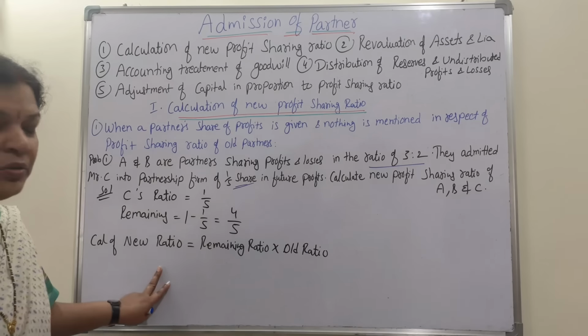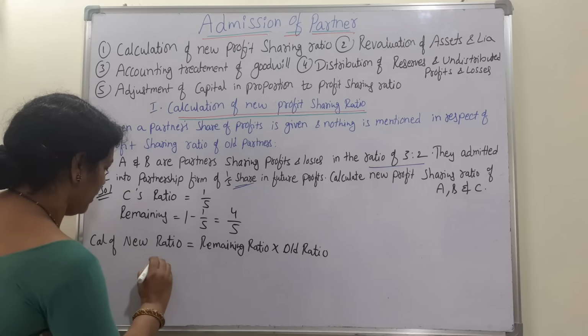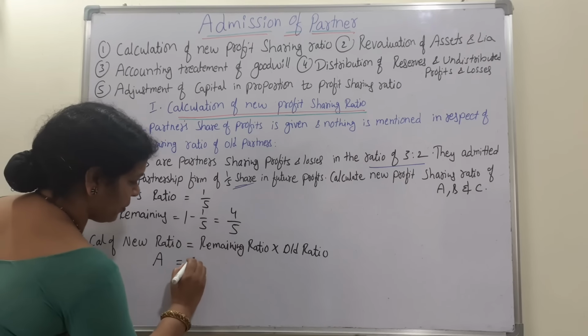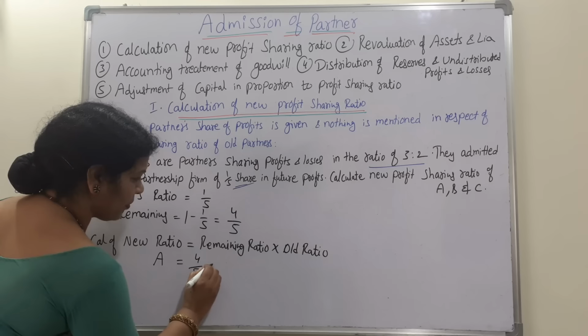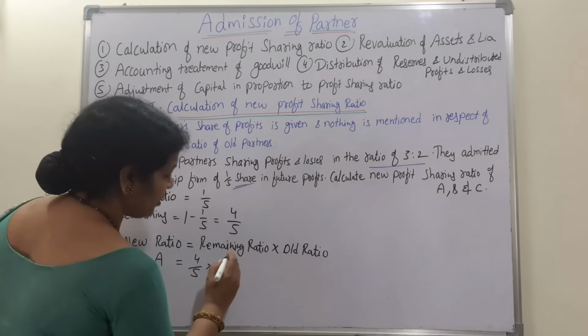This is the formula you have to follow. So let us take A's new ratio. Remaining ratio is 4/5 into old ratio, which is 3/5.